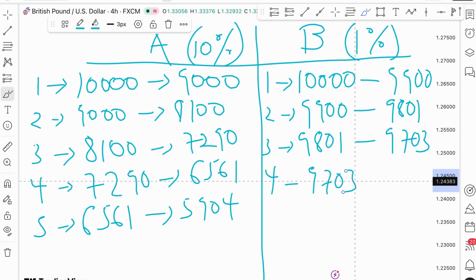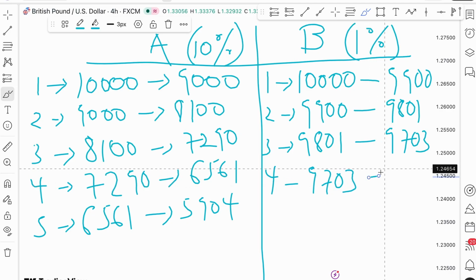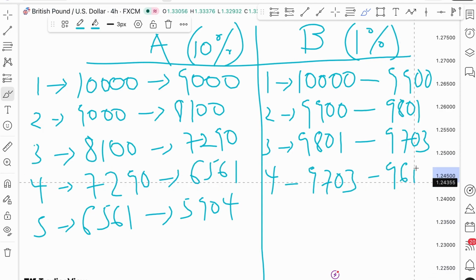That means in this case, when we risk 1% of this, we are going to lose 97.03, and it will draw down to 9,606 when we lose that amount of 1% on this capital.